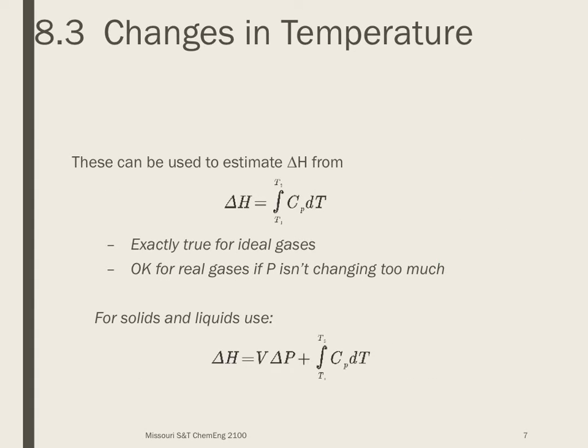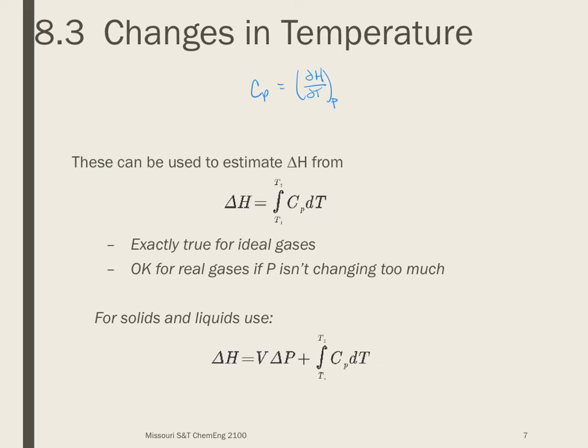We similarly can use the definition of delta H. So we've said that C sub P is how enthalpy changes with temperature for a constant pressure path. And in this case, if I take this and solve for H by integrating both sides, then delta H is the integral from T1 to T2 of C sub P dT. And if this is a constant pressure path, this is exactly correct.